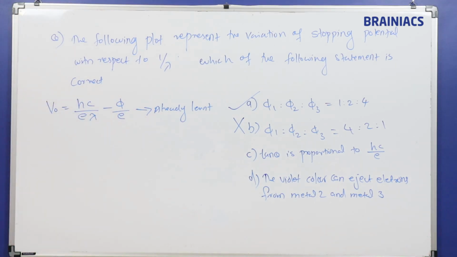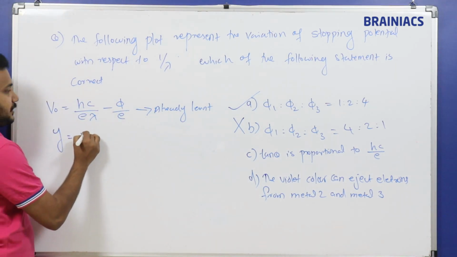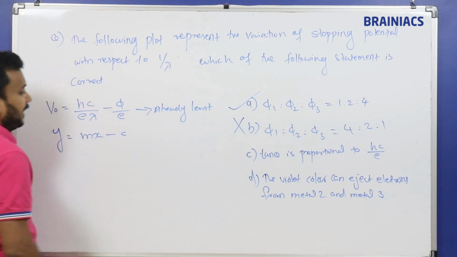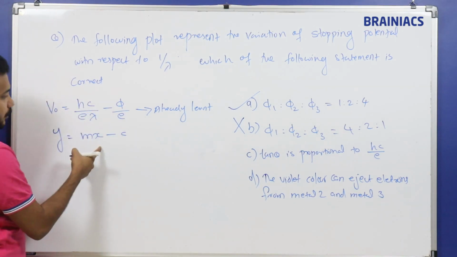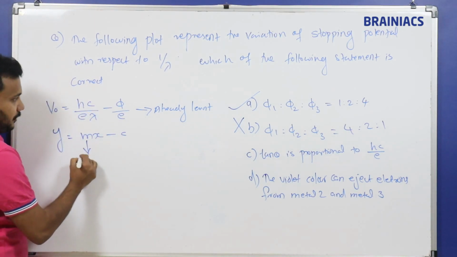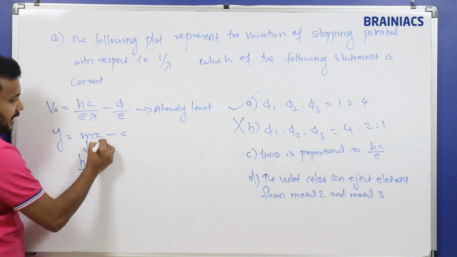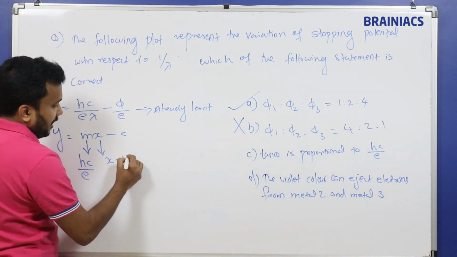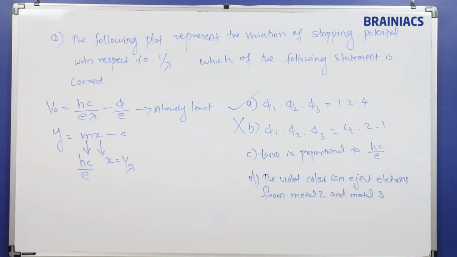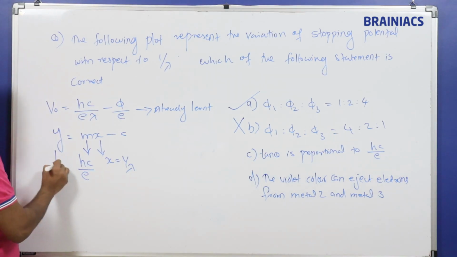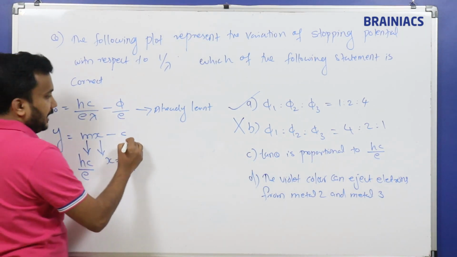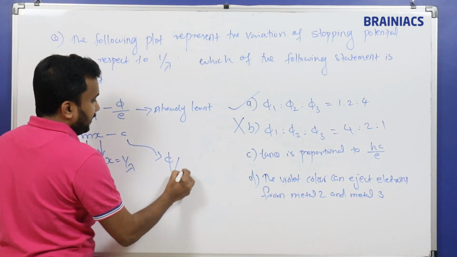It is in the form y is equal to mx minus c, where m is equal to hc by e, x is equal to 1 by lambda, y is V naught and c is equal to phi by e.